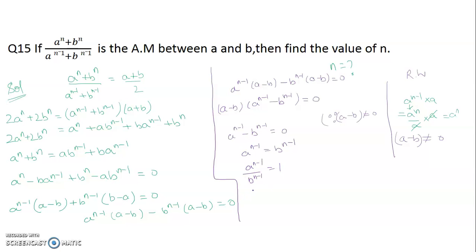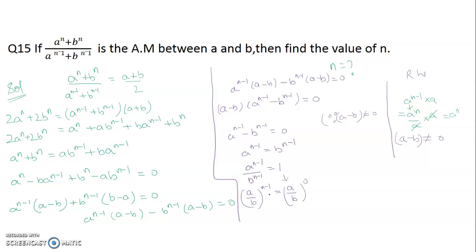Now this 1 I can write as (a upon b) raised to the power 0, because anything raised to the power 0 is 1. So this 1 I am replacing as (a by b) raised to the power 0. And the left side, n minus 1 is in both numerator and denominator, so I can write (a upon b) raised to the power n minus 1.